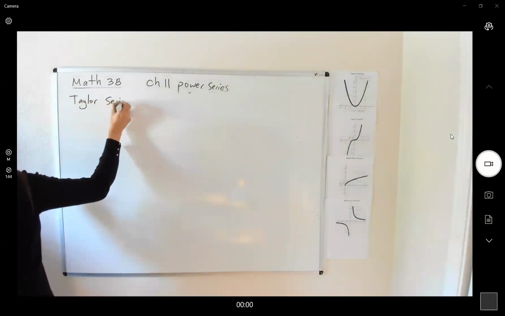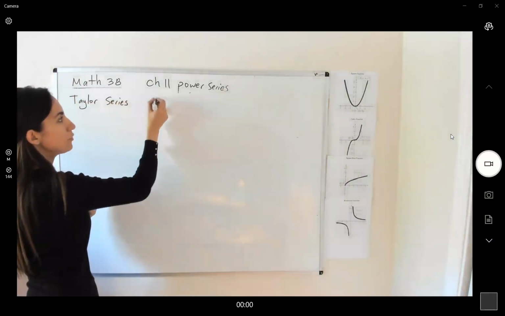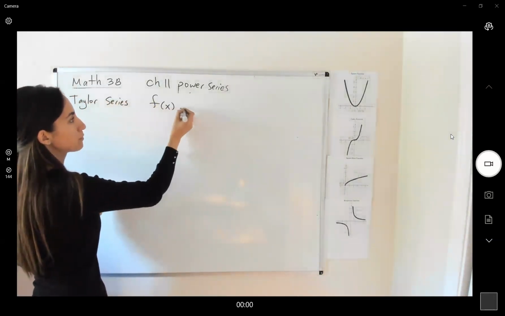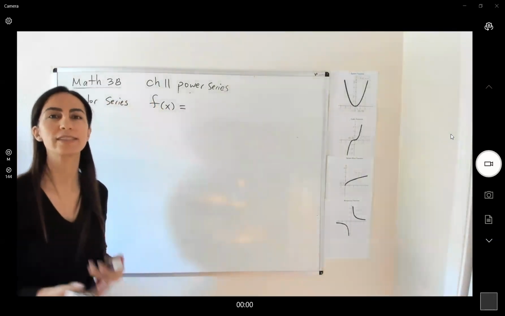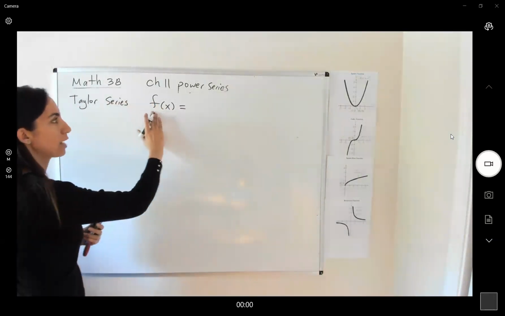Taylor series. So if you have a function f of x, you can use approximation, power series approximation, to write down the expansion for the function.